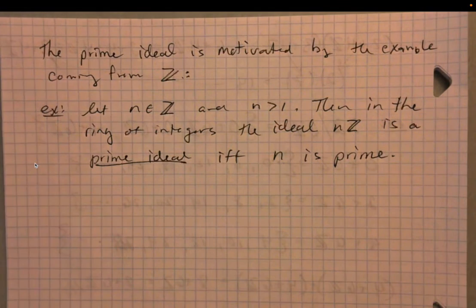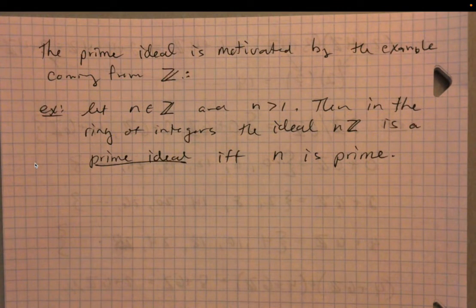The definition of a prime ideal doesn't say anything about prime numbers, but the motivation for the concept of a prime ideal comes from this example of prime numbers in the integers.